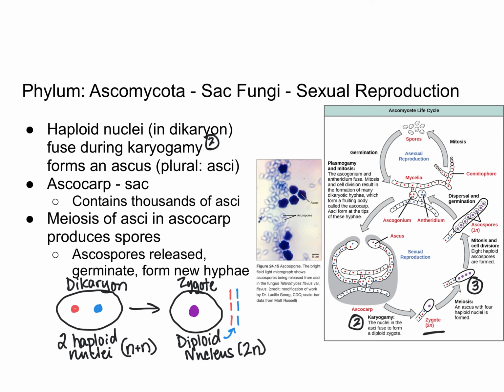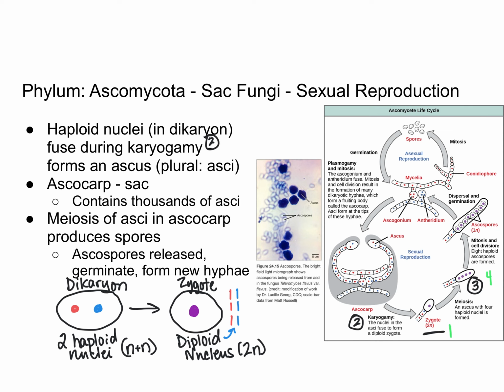Interestingly, Ascomycota actually have an extra step in their sexual reproduction cycle. After the zygote goes through meiosis, during meiosis you have one cell that produces 4 daughter cells.